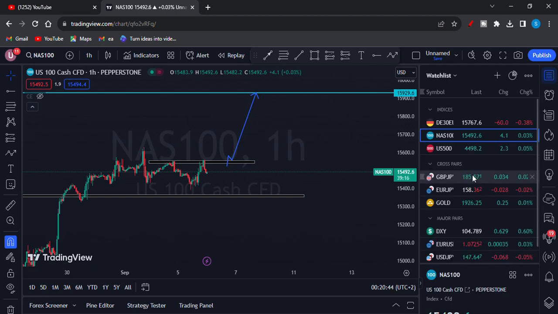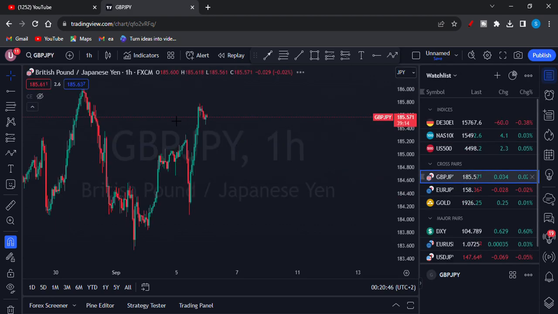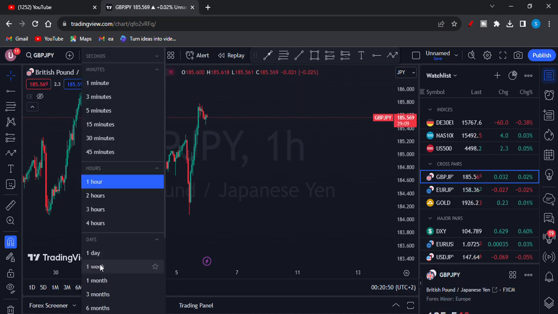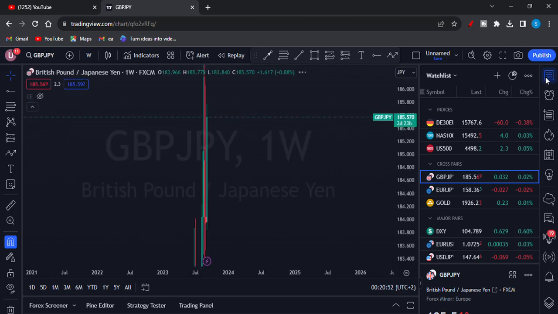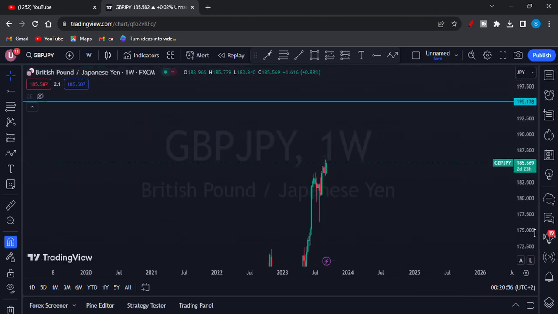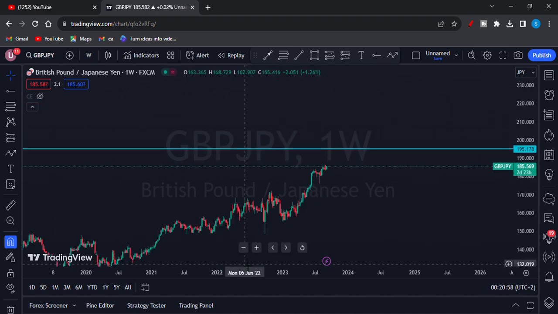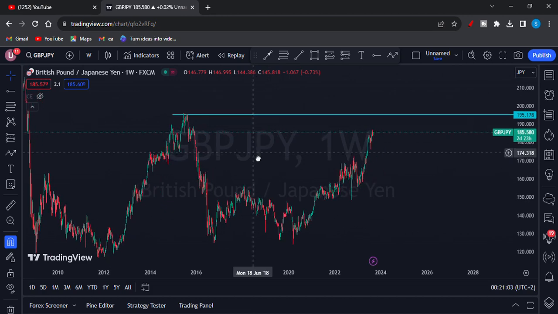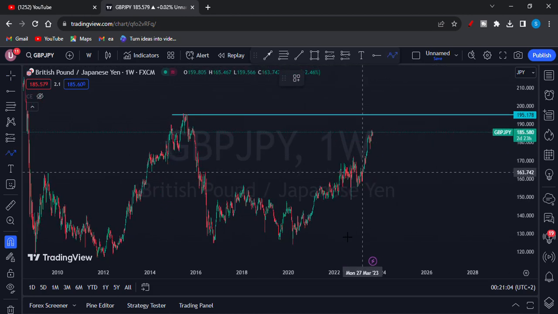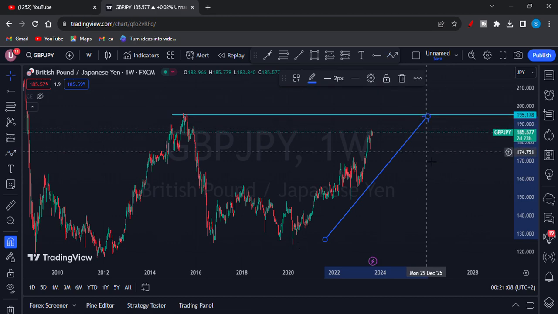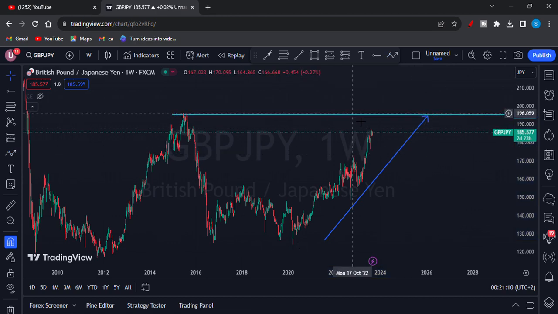And then let's go to GBPJPY, and then on a weekly. Let's find the overall trend. The overall trend for GBPJPY is we are on an uptrend, and it seems like we're heading towards this price right here.